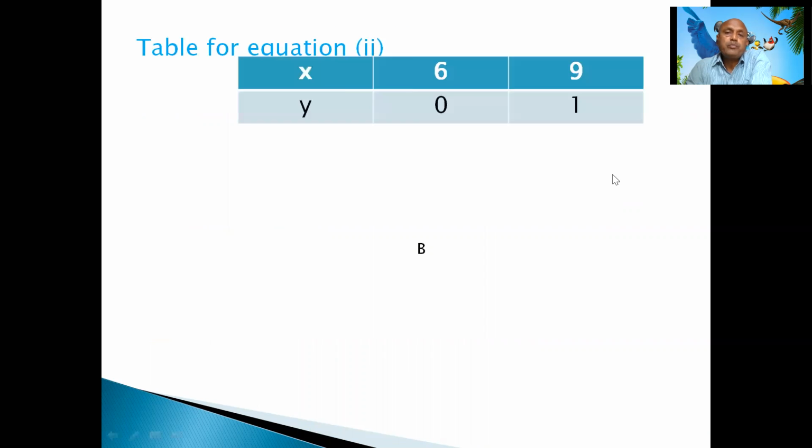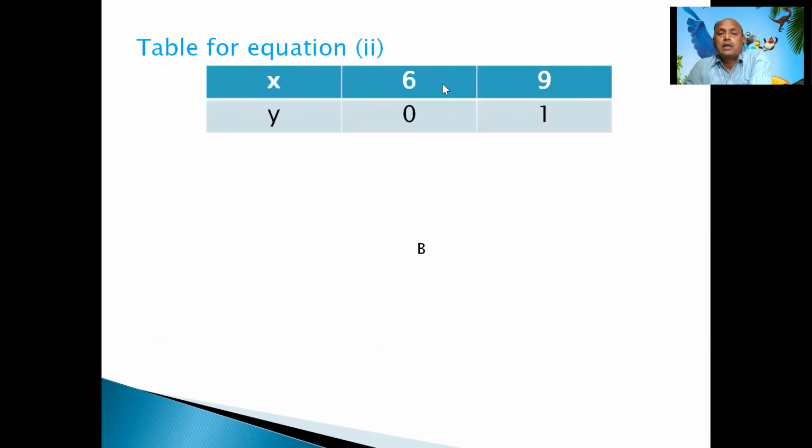Now the table for the second equation. 6 is x, y is 0; 9 is x, 1 is y, and these are the other coordinates.